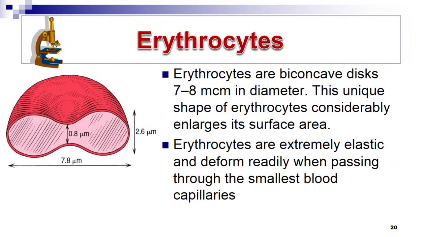Erythrocytes are biconcave discs 7-8 micrometers in diameter, with an inner diameter of 0.8 micrometers, and the highest of these parameters is 2.6 micrometers. This unique shape considerably enlarges the surface area for gas exchange. Erythrocytes are extremely elastic and deform radially when passing through the smallest blood capillaries.